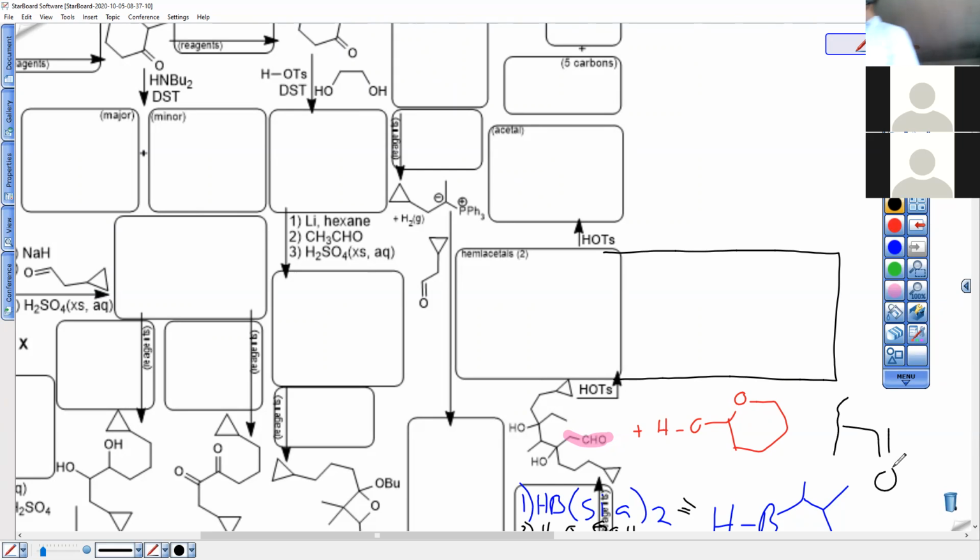All right. So how big will the ring be? We're going to go from this O all the way to the carbonyl. Don't use that highlighter. We already used it. And we're going to go from the O to the carbonyl carbon. And that will be ring size 1, 2, 3, 4, 5, 6.